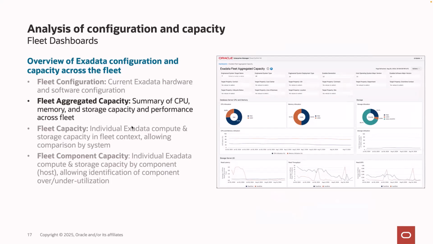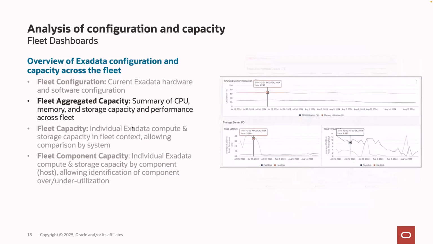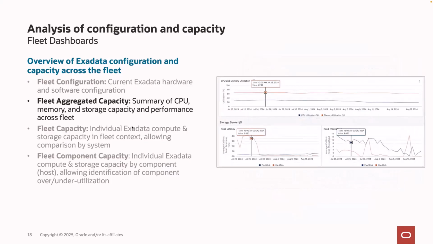CPU utilization, so we can see, do we have capacity? And then we can filter, so we can see where we have the capacity and so on as well. Next, of course, we can get details.